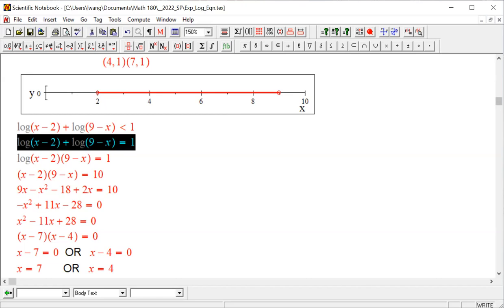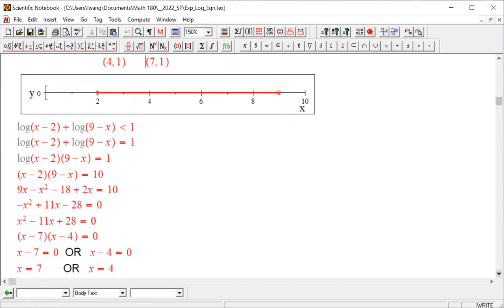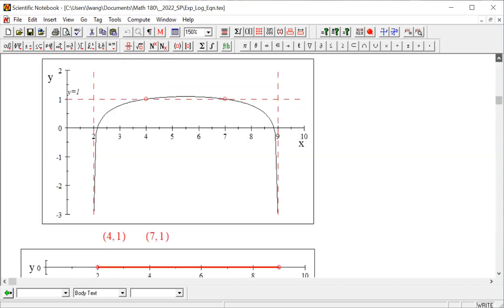So that's where the crossing takes place. So this is 4, 1, this is 7, 1. Right here, we set the output equal to 1. And we get 4, 1 and 7, 1.